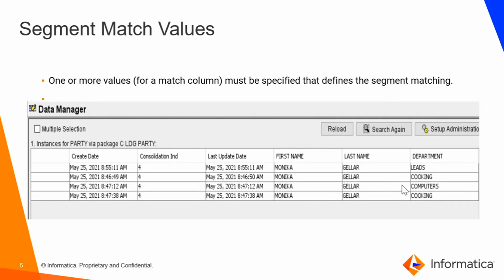Other departments like leads and computers will not participate in the match. So, even though the first name and last name are the same for all these four records, the match will only match those records where segment is defined as cooking. This is how we can limit match rules to a certain subset.